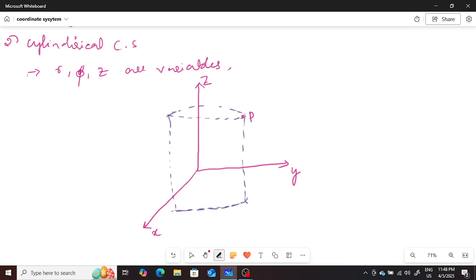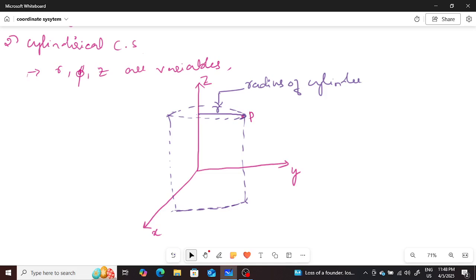Here the distance from the axis to the point P is r. r is nothing but the radius of the cylinder. Next, the term is the half plane perpendicular to the xy plane at an angle of phi with respect to x. So you have to define phi here.